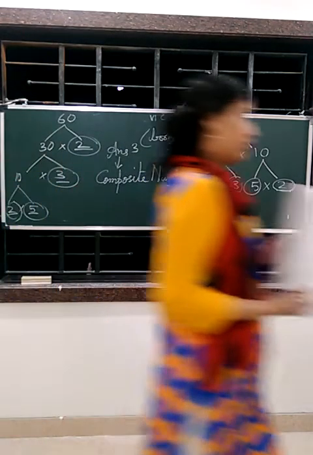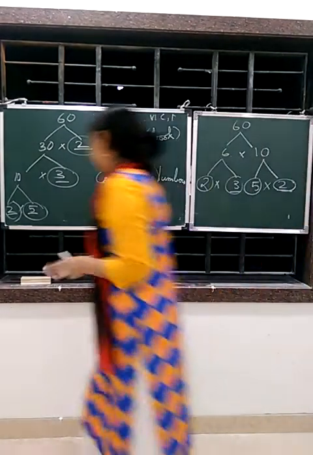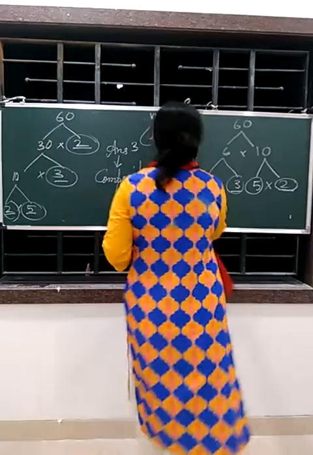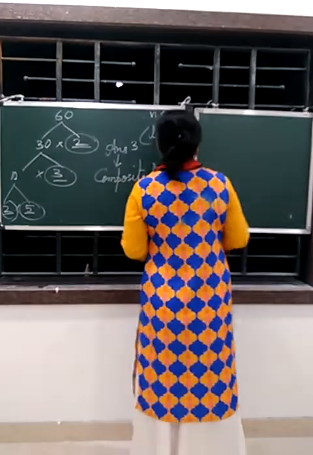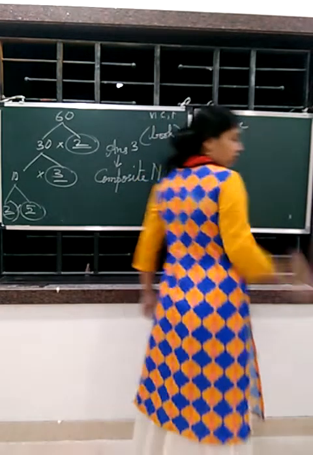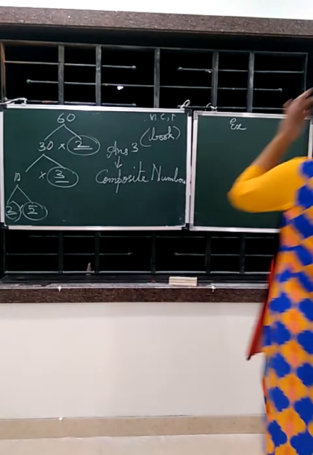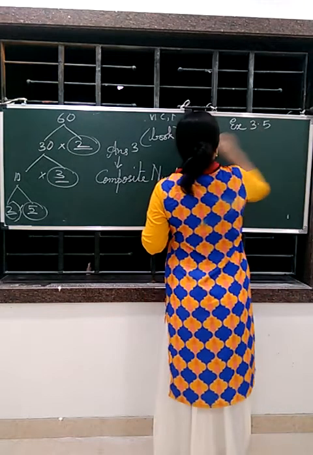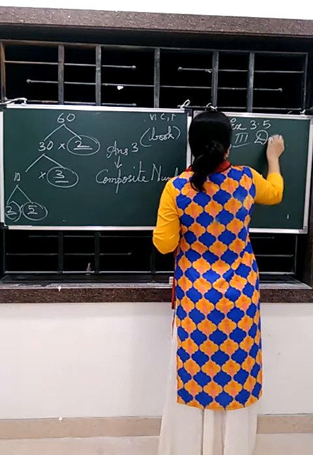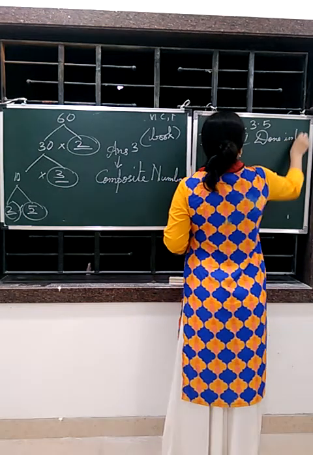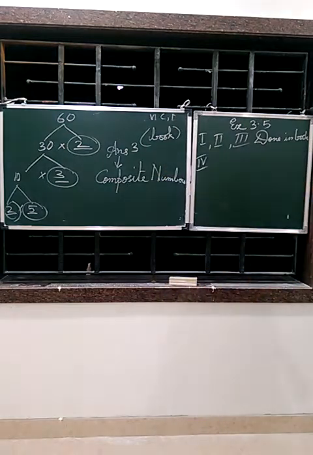This we'll have to do in copy. Write the greatest 4-digit number. So we will start in copy now. Exercise 3.5, first, second and third done in book, we are going to write, and then we start with the fourth question.